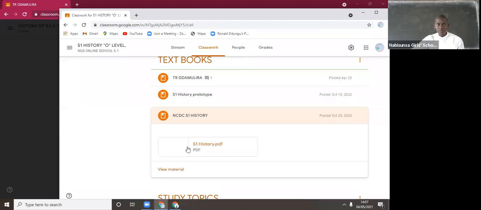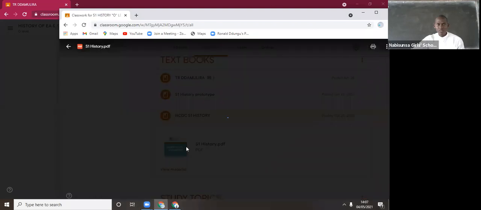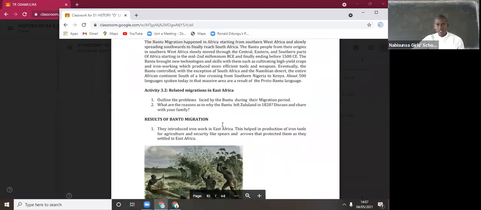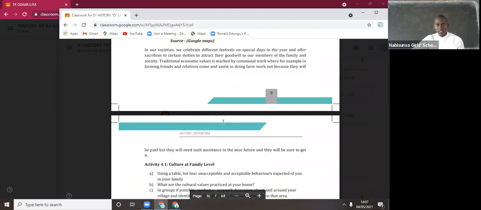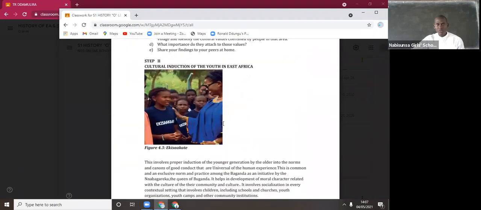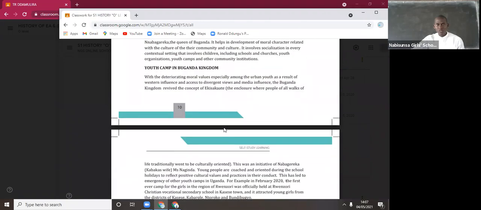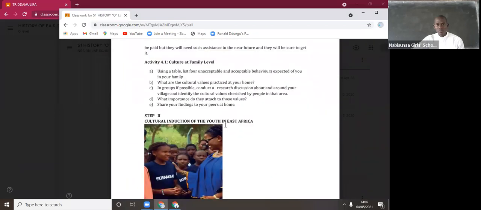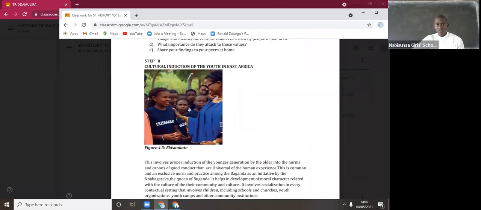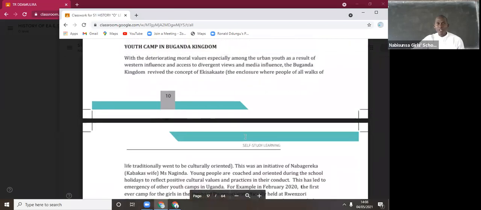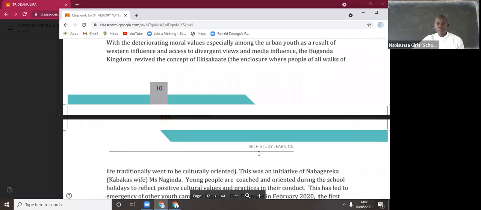Let me see which page. Yeah, I think this one. We are done with culture. So for today we are going to look at the youth camps.